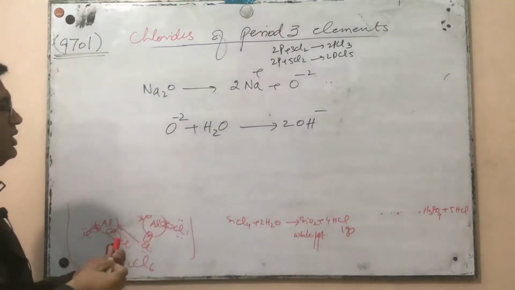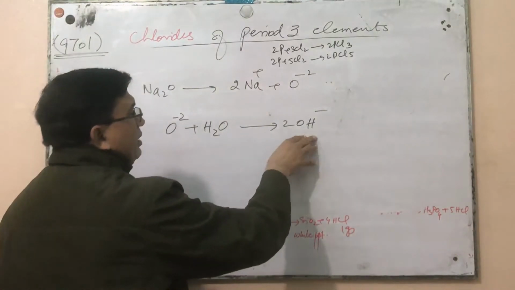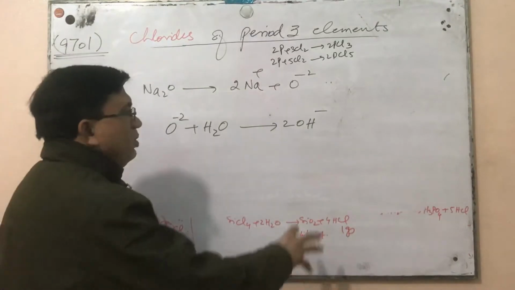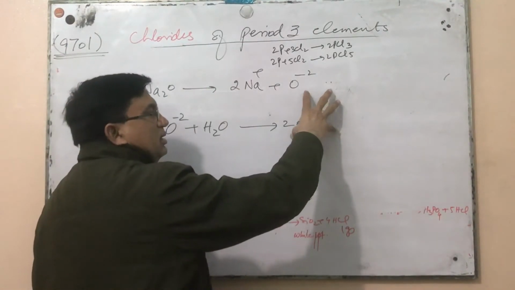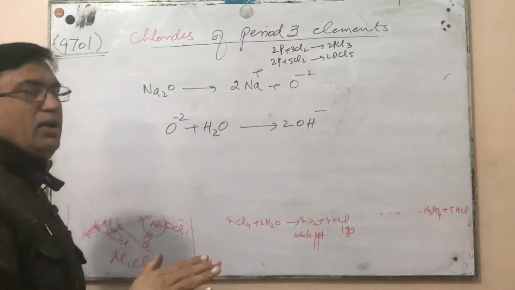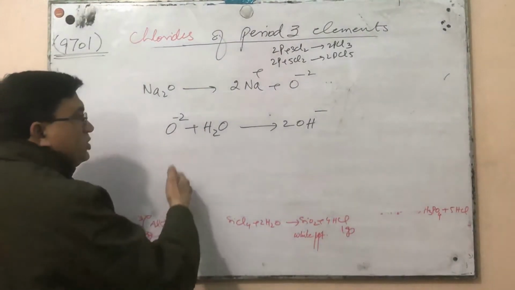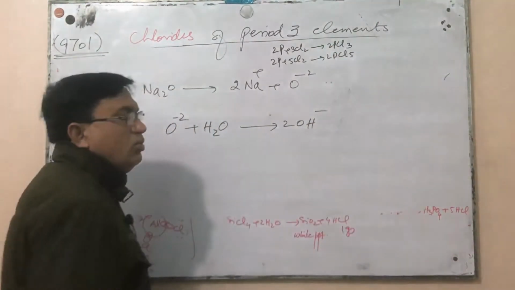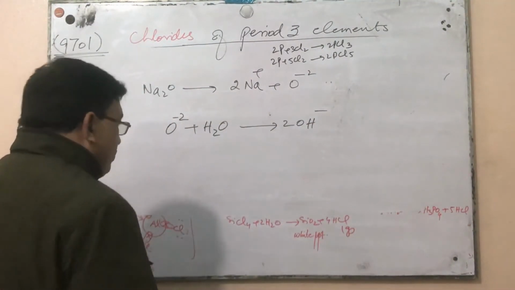The production of this hydroxide ion, due to the oxide ion reaction with the water molecule, makes the solution alkaline. As more oxide ion is present in the aqueous solution, more hydroxide ion will be produced, and a more strongly alkaline solution will be formed.